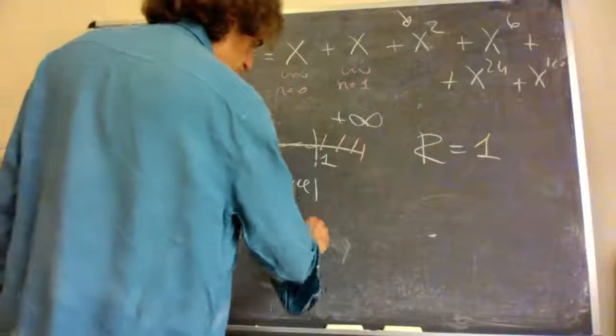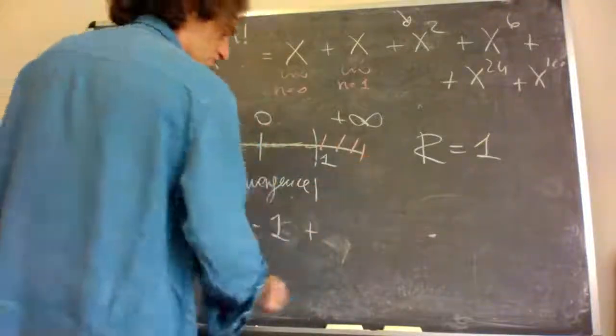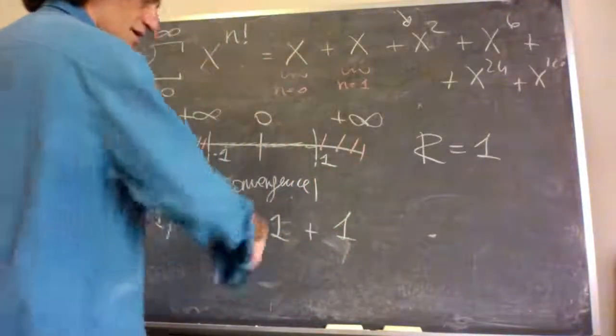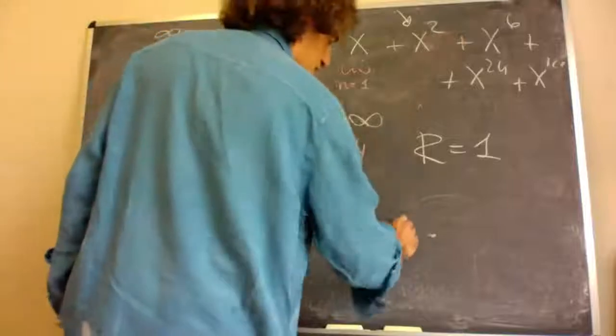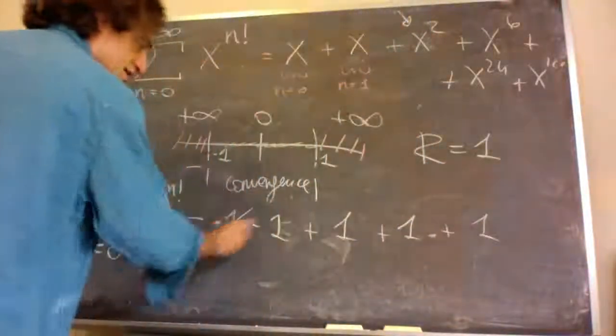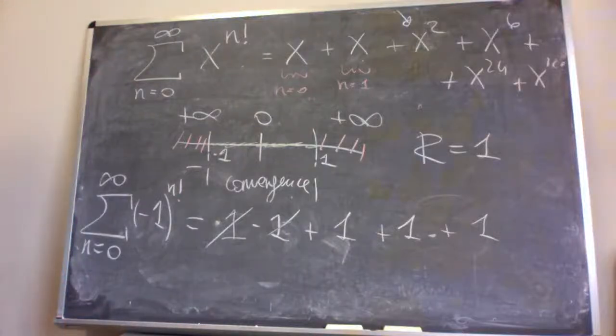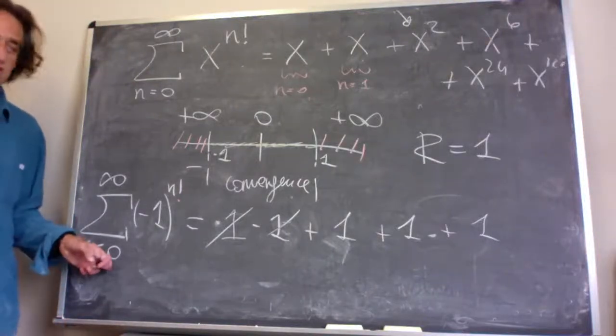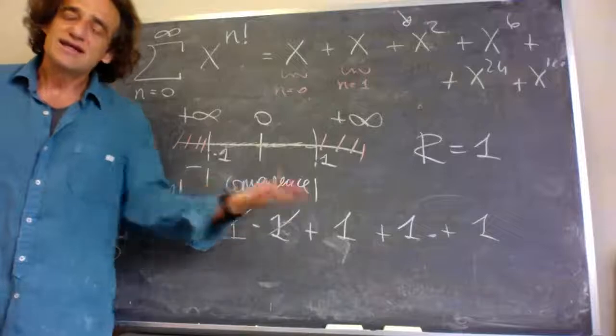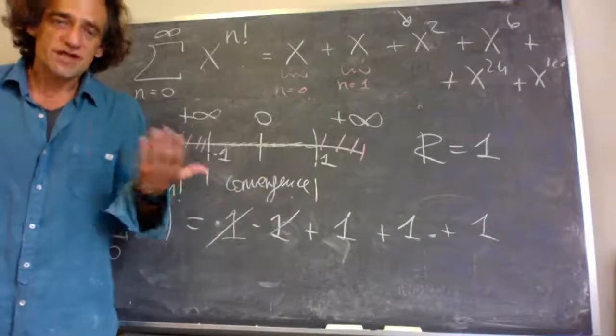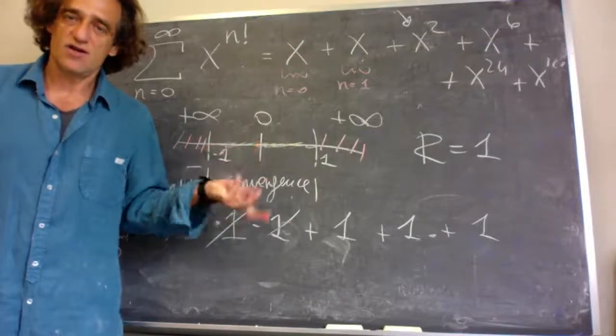Then we go to n equal to 2 and we have plus -1 to the second power, so +1. Then we have -1 to the sixth power, so +1, and so on. So except for the first two terms, in particular the term with n equal to 1, we end up again with a sum of infinitely many ones.